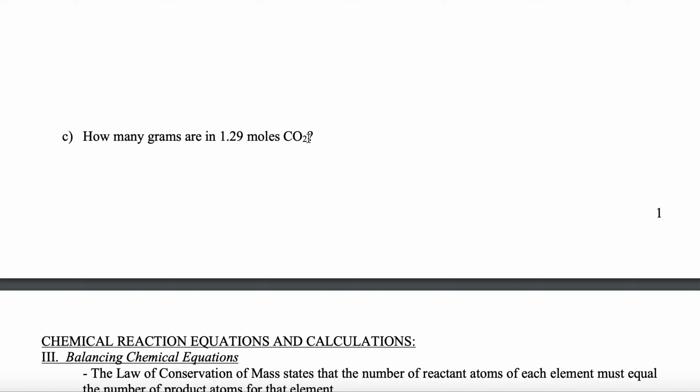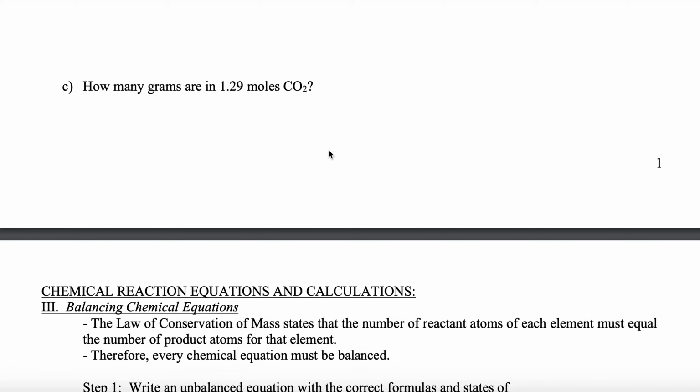So take 1.29 moles multiplied by 44.01. You should get 56.8 grams if we round it off to three significant figures.